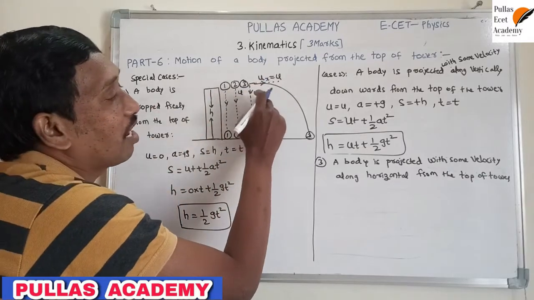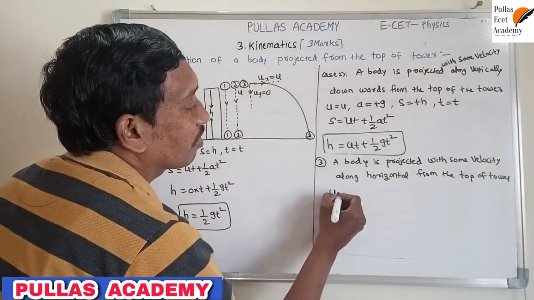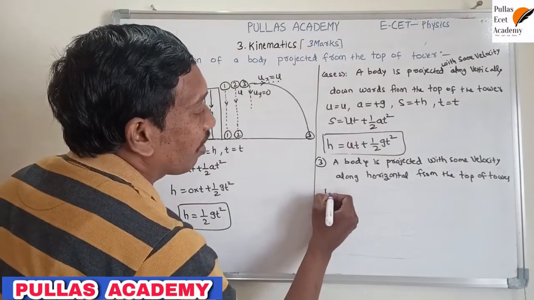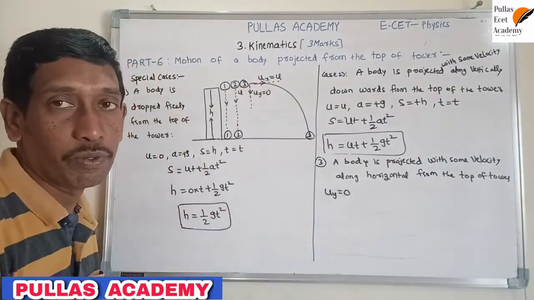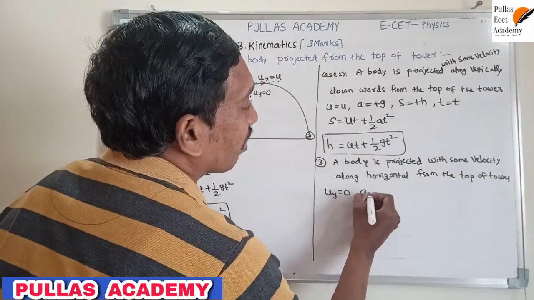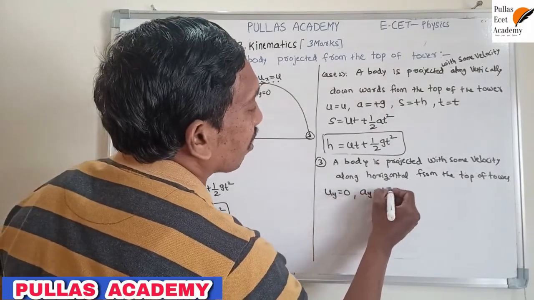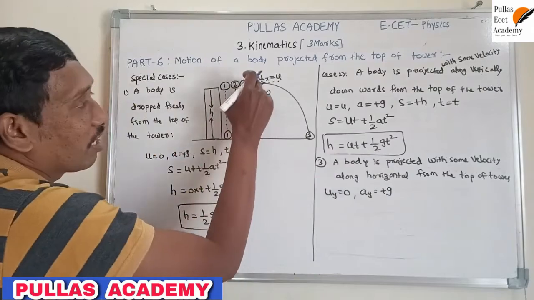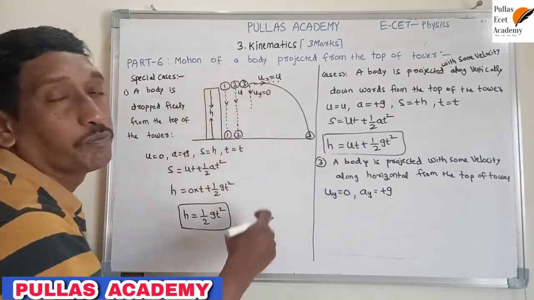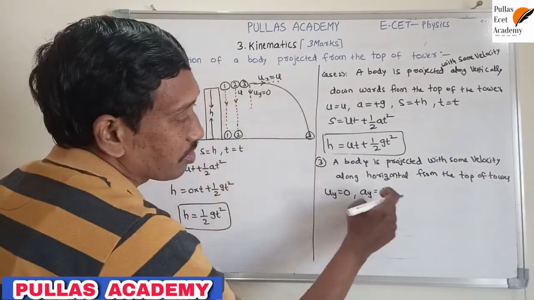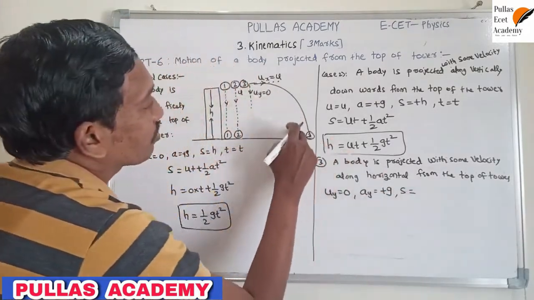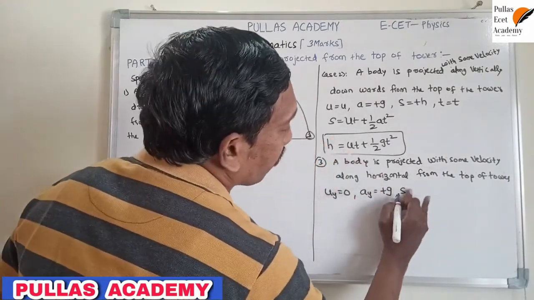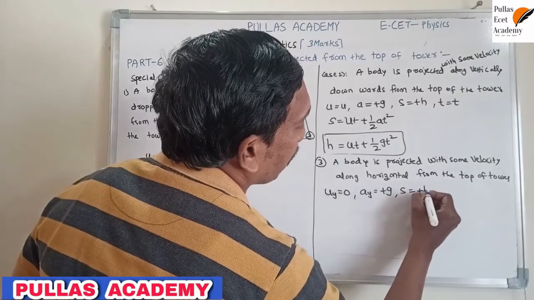The parameters along the vertical direction: initial velocity along the vertical direction is 0, not u. Next, acceleration along the vertical direction is g. It also moves towards the ground, that's why plus g. Displacement is downwards, that's why s is plus h.